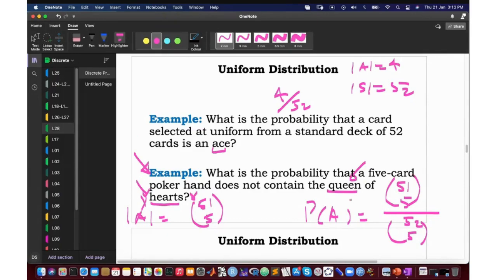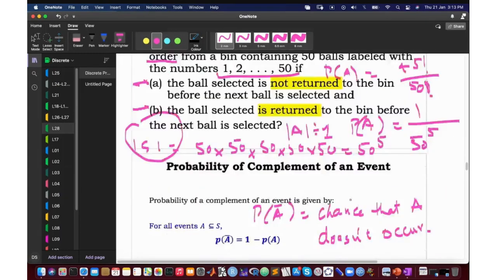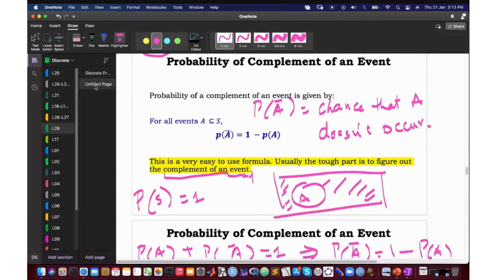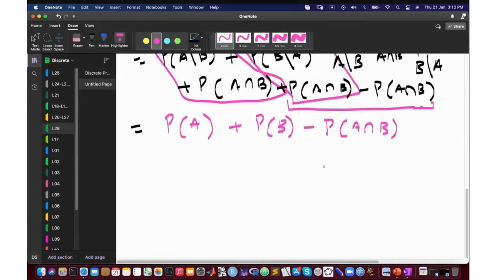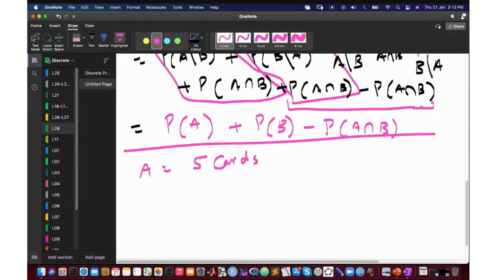Okay, so let's try to do this. I'm actually not sure that we will be able to do it. Let's see. So event A says that the 5 cards don't contain Queen of Hearts.